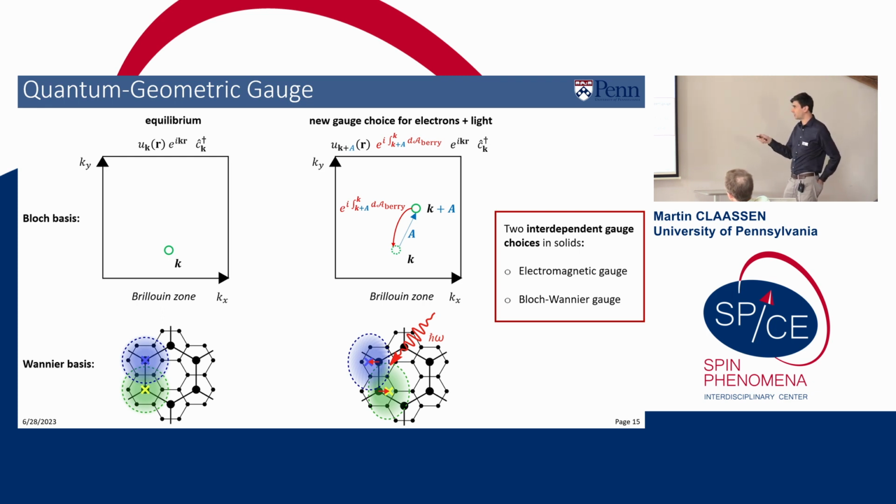So in momentum space, this amounts to a unitary transformation of the Bloch wave functions. But if you recall from the Wannier construction, the localization and shape of a Wannier orbital is a gauge choice for the phase structure. So in fact, that phase shift or non-abelian phase shift for the Bloch wave functions amounts to a real space distortion of the Wannier orbitals in the light field.